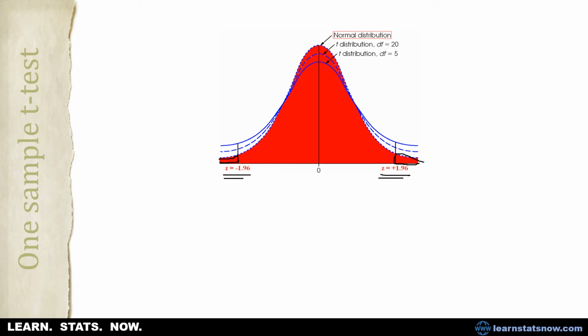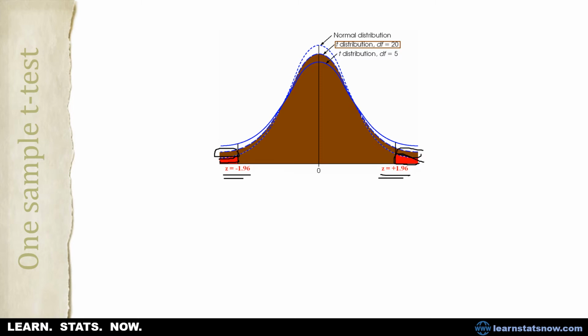Okay, but now in the case where we don't know the population variance, and let's say we shrink the sample size, okay, let's say now we only have 20 degrees of freedom, so our n equals 21. Look what happens to the tail. There's more area in the tail. This brown area gets added in the tail, right?